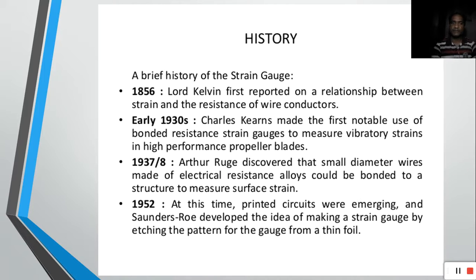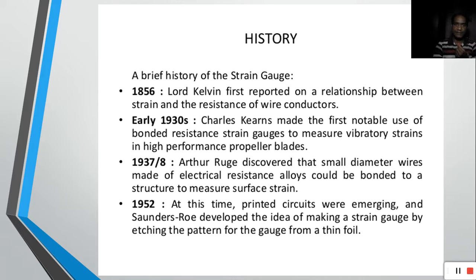If we go to its history, in 1856, Lord Kelvin first recorded the relationship between the strain and the resistance of wire conductors. In the early 1930s, Charles Kane made the first notable use of a bonded resistance strain gauge to measure various strains in high performance propeller blades.